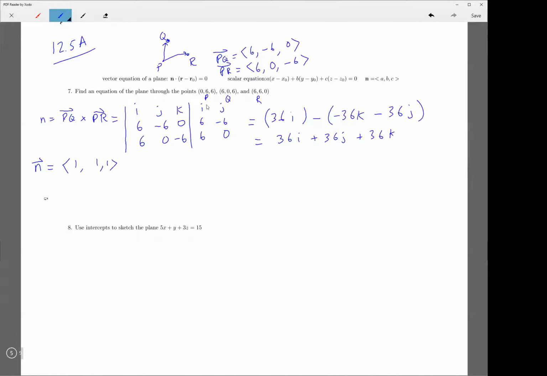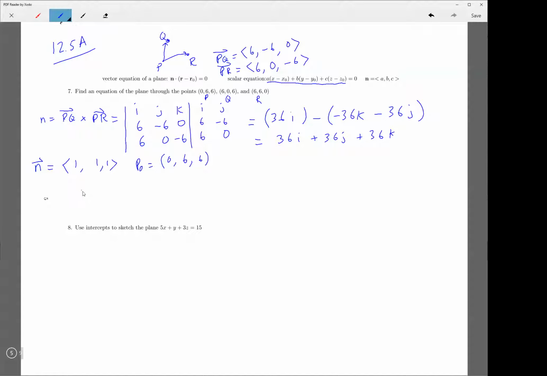And then you just choose one of these points. They probably want us to choose the first one. So let's just choose the first one. So I'm using that right there. And the equation is going to be, just plug the numbers in here, just plug 1s in for A, B, and C, and then 0, 6, and 6 for x0, y0, and z0.